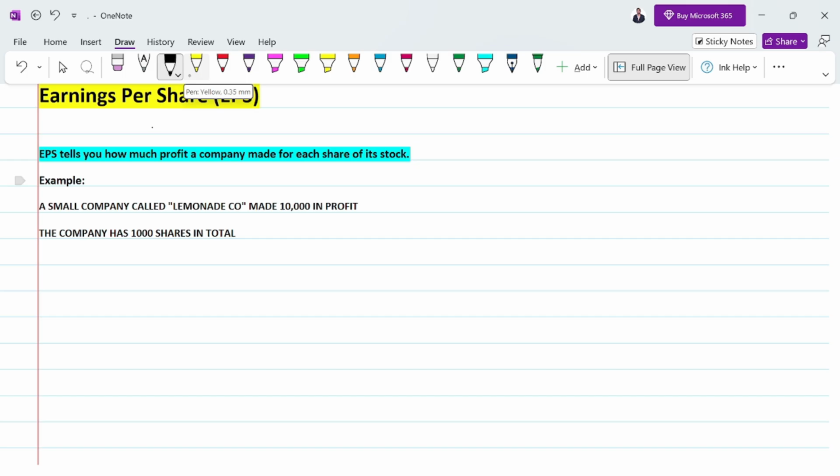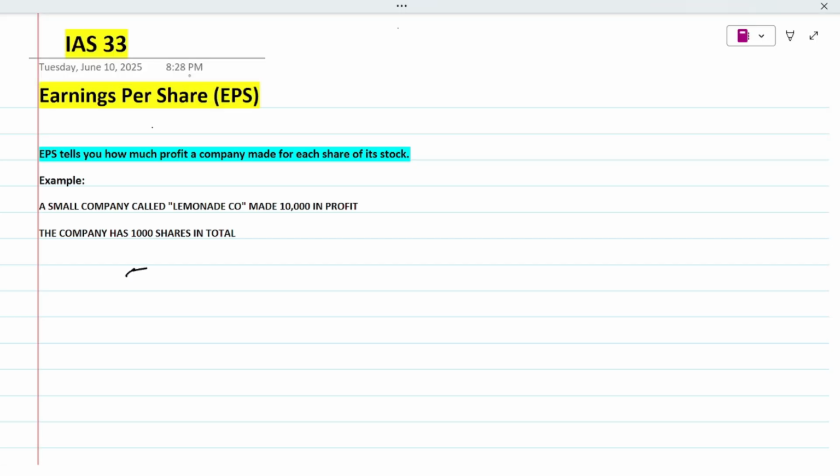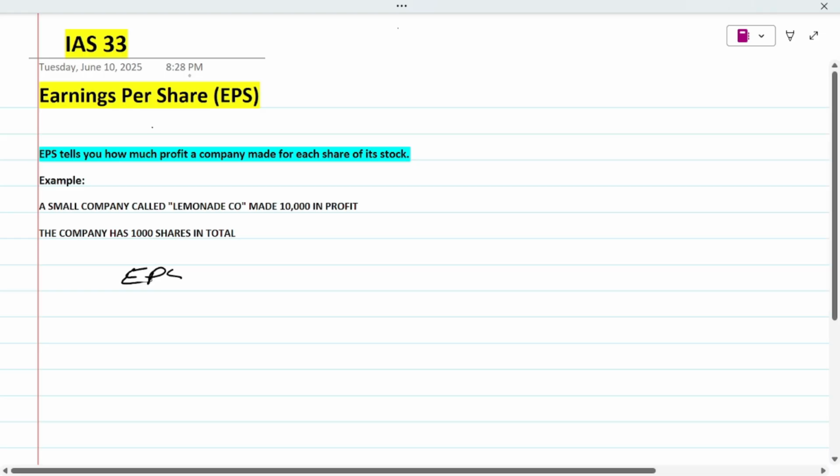an investor. So an example that I have over here is that we are going to assume that there is a small company called Lemonade Company, and it made around $10,000 in profit. The company has 1,000 shares in issue in total till now, and what we are going to do is calculate the EPS. Now, as you guys know, EPS is earnings per share.